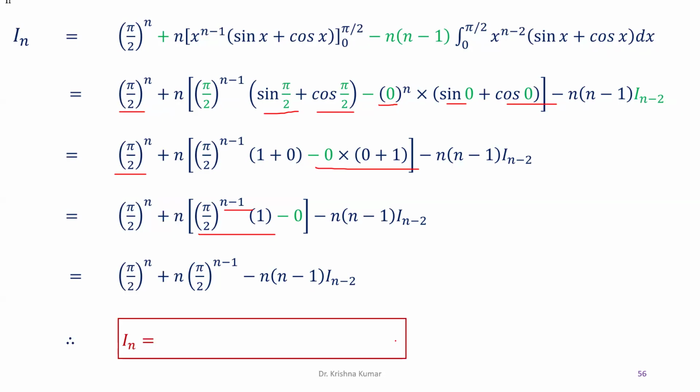Therefore, I_n is equal to (pi by 2) to the power n plus n into (pi by 2) to the power n minus 1 minus n into (n minus 1) into I_(n minus 2). So this is the desired result. Thank you.